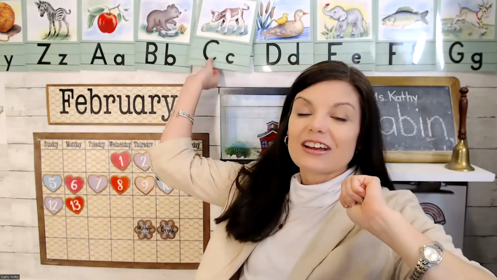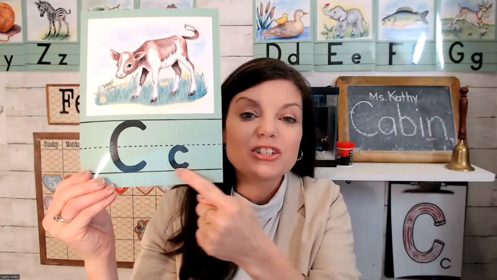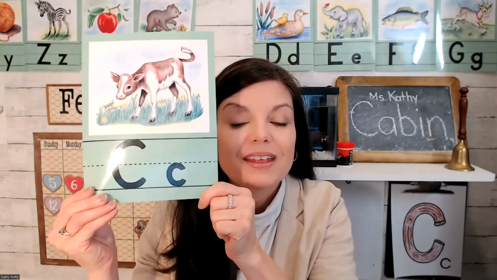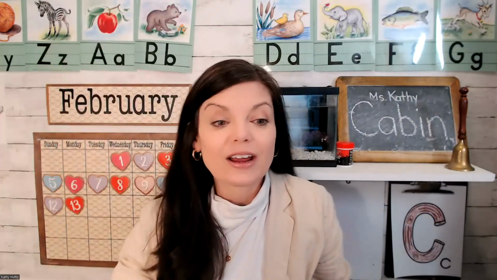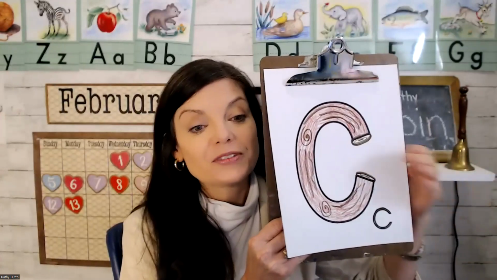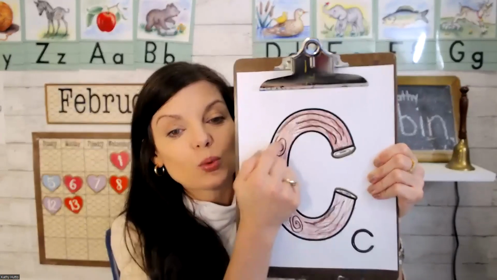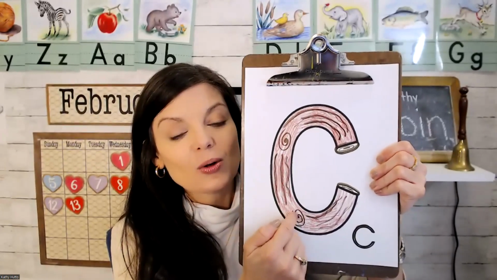Now it's time for our letter of the day. Today's letter is the letter C. This is letter C. The way that we're going to decorate letter C today is like a piece of wood. Cabins are made from wood, often logs. So I just drew some squiggly lines and swirls to look like knot holes and wood.